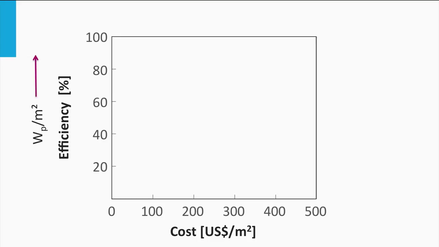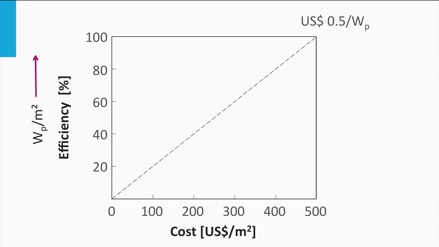For example, standard test condition for solar cells means an irradiance of 1000 watts per square meter. This means a solar cell with conversion efficiency of 10% produces under standard test conditions a power output of 100 watts per square meter.